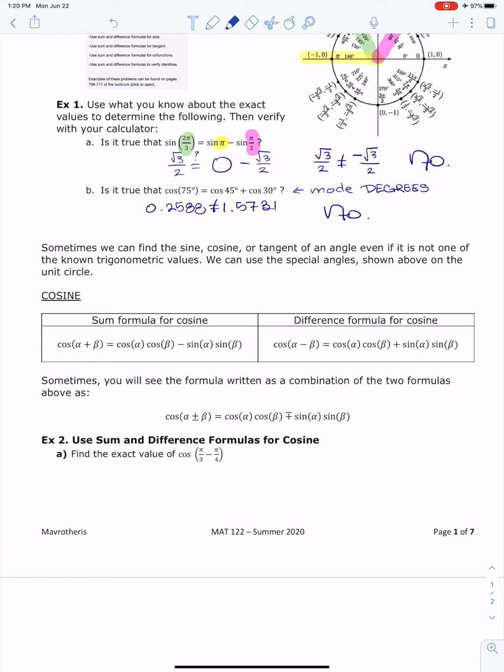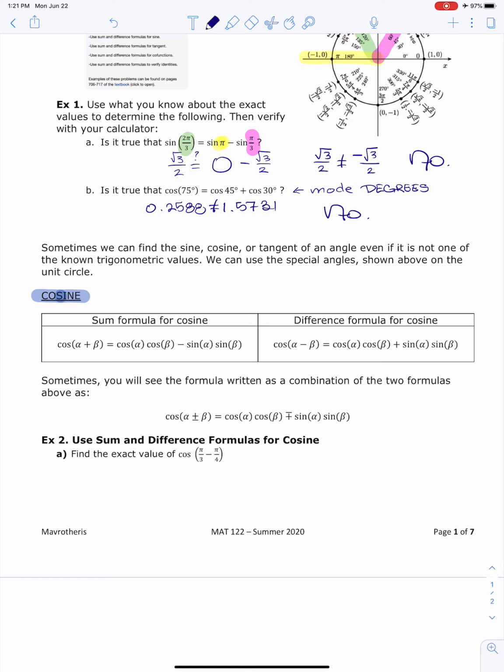So we have got the cosine sum first. Cosine alpha plus beta equals cosine alpha cosine beta minus sine alpha sine beta. So we've grouped cosines of both angles together, sines of both angles together, and this sign in the middle is the opposite of what's in the argument.